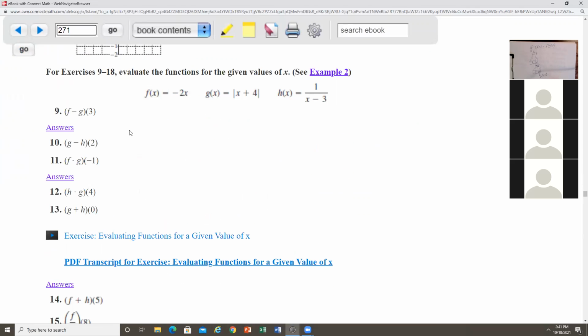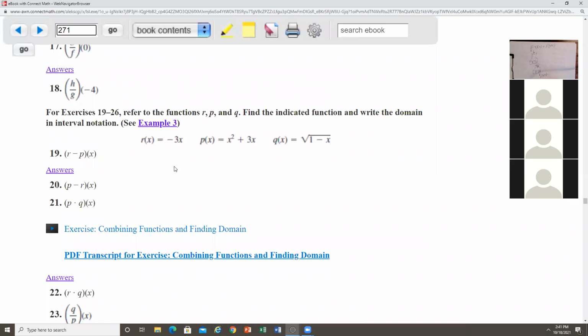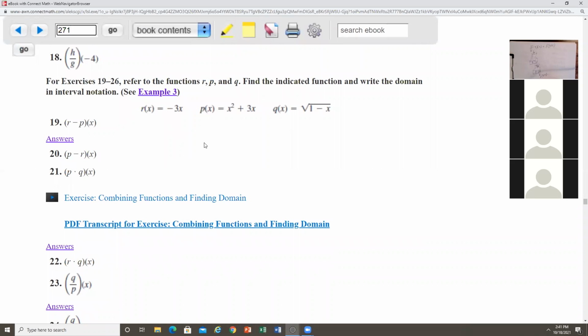I'm going to go down here to these problems 9 through 13. Now it says evaluate the functions. I'll tell you what, before we evaluate functions, maybe we should first understand how to even produce some of these functions. All right, so let's jump down to 19 through 21 and I'll go back and get the other ones.